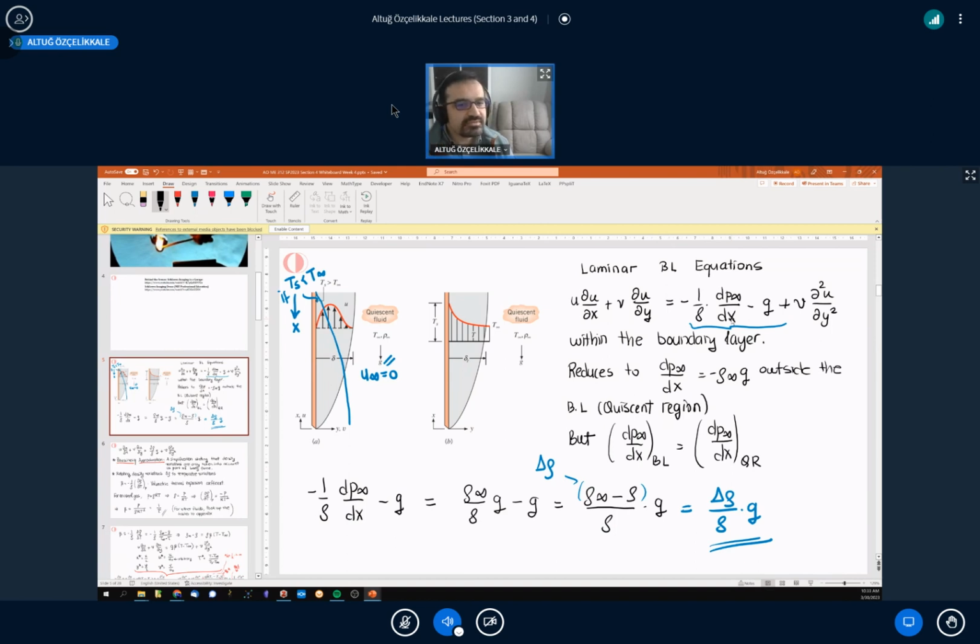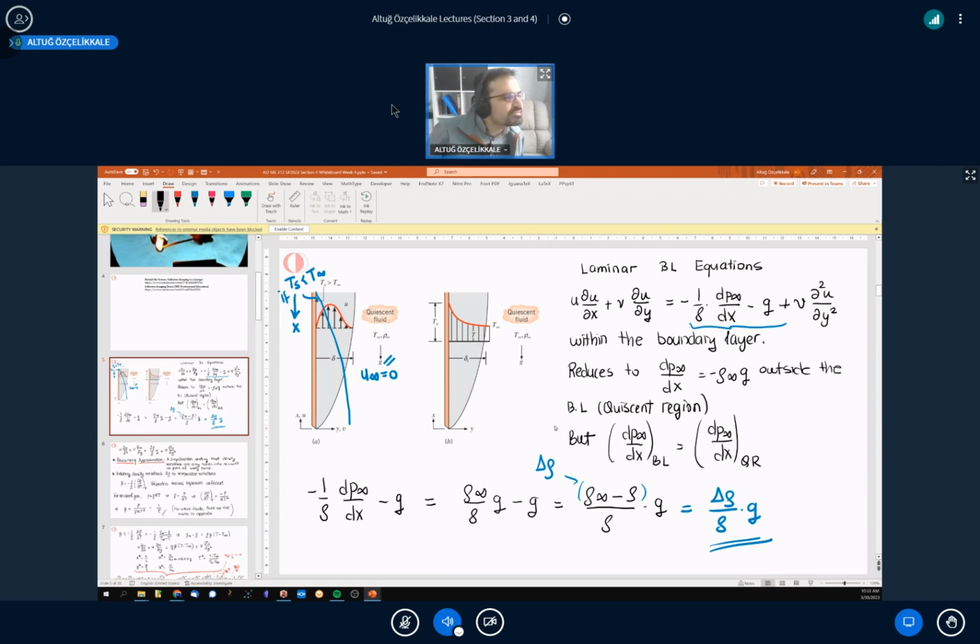And therefore, whatever the pressure at the edge of the boundary layer, which is corresponding to the free stream, that's forced convection, right? It's going to be the same as the pressure at the same x coordinate, but at the surface of the plate. So there is no pressure variation in the y direction. The similar situation happens here when we are developing the boundary layer over a vertical plane.